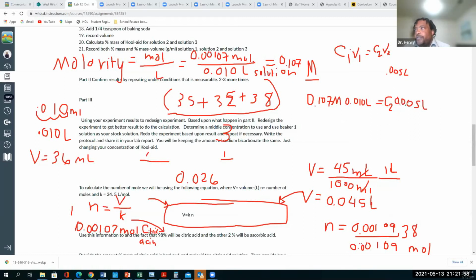If you have 0.005, you bring that over here. Yep, we're dividing.